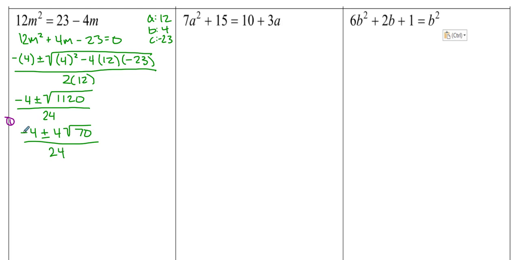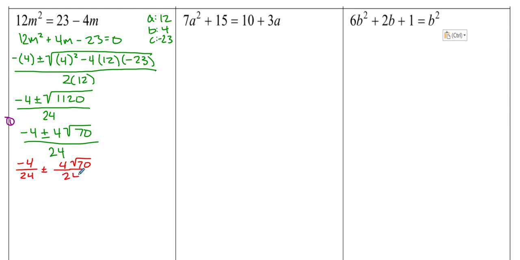So this means this term and this term both have a denominator of 24. Okay? So this first one I can write as, right, negative 4 over 24 plus or minus 4 radical 70 over 24.